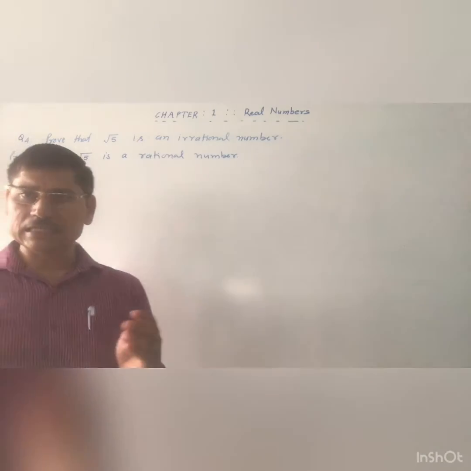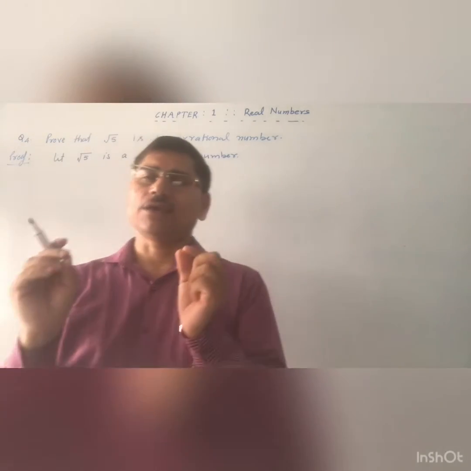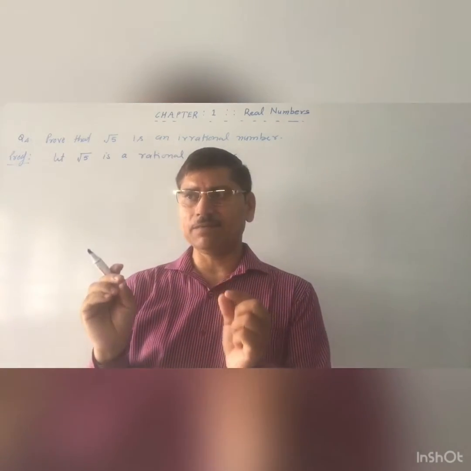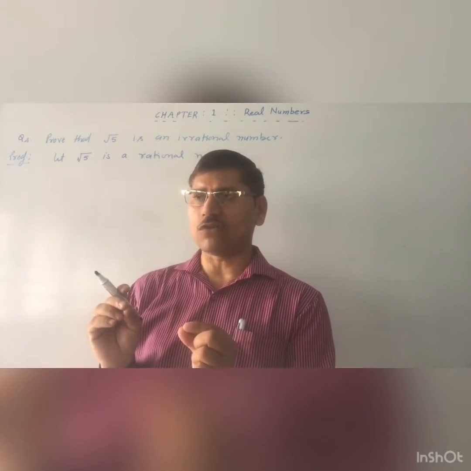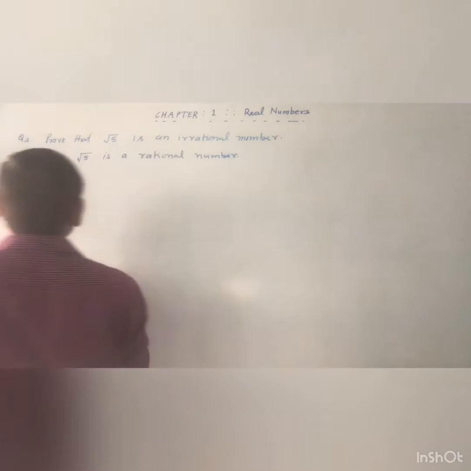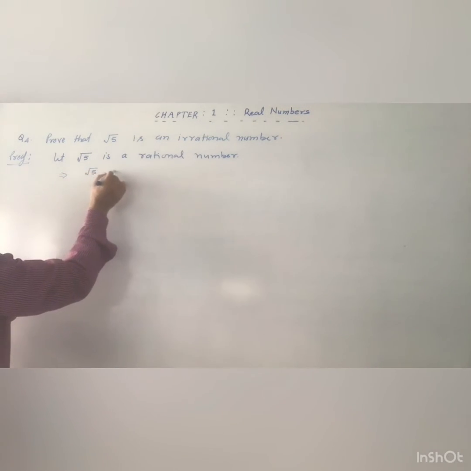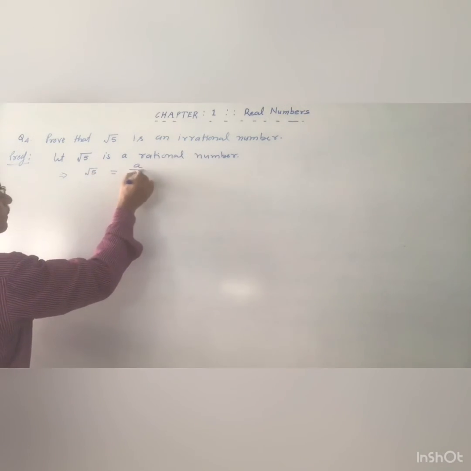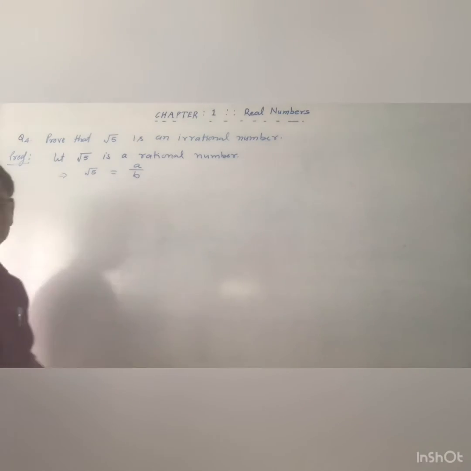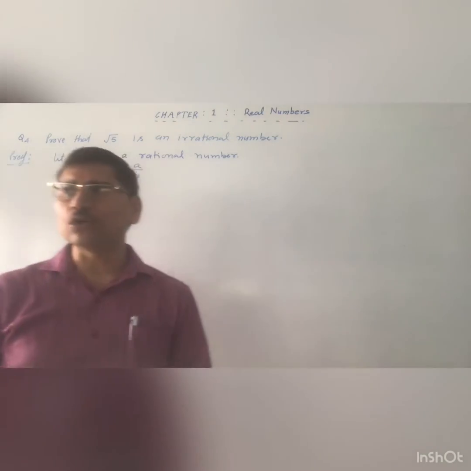After that, if it is a rational number, then by the definition of a rational number, you can write it as root 5 equal to a upon b. You can write it as p upon q also.